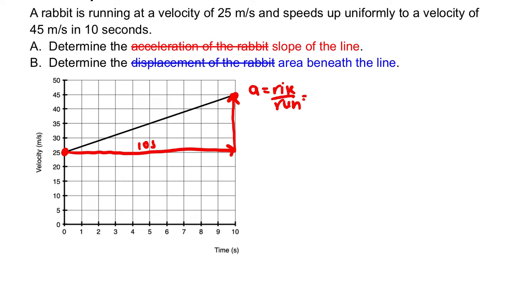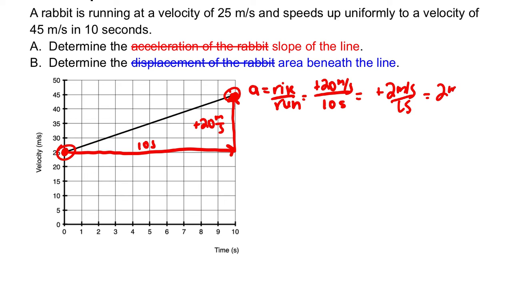And if you check, if you start at 25 and you end at 45, your change in velocity is 20 meters per second in the positive. So here, for a rise over run, we got plus 20 meters per second over the course of 10 seconds. And this provided a change of plus 2 meters per second every 1 second, or in other words, 2 meters per second per second. All of these are acceptable to me.